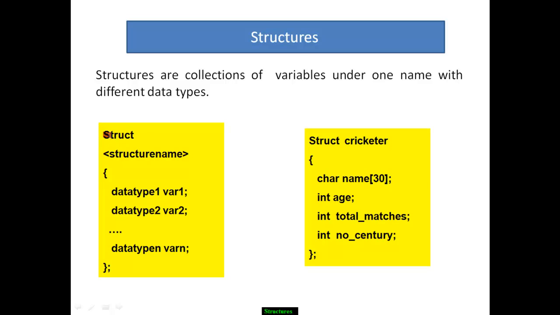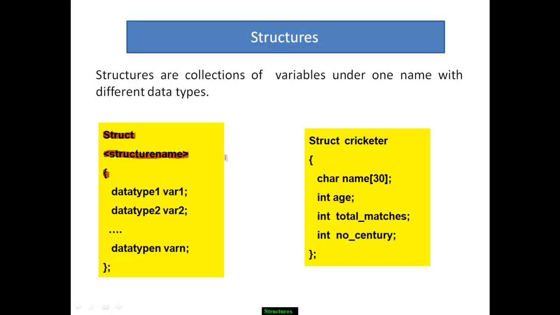This is the syntax of writing a structure. struct is a keyword. Anything written between angle brackets like this tells that it is the variable name, and there you have to replace it with your own name. It is followed by a curly brace which defines that I am going to declare the contents of the structure. So struct is a keyword followed by the structure name and a left curly brace.